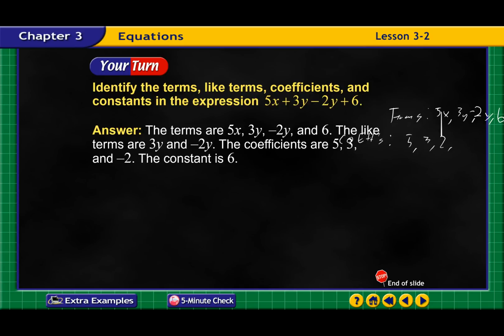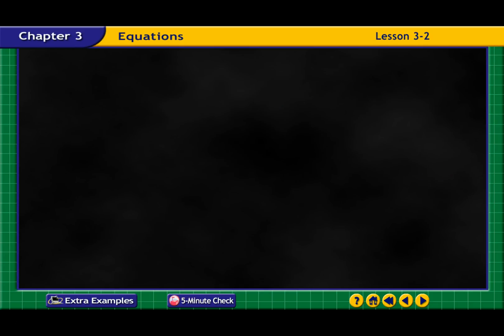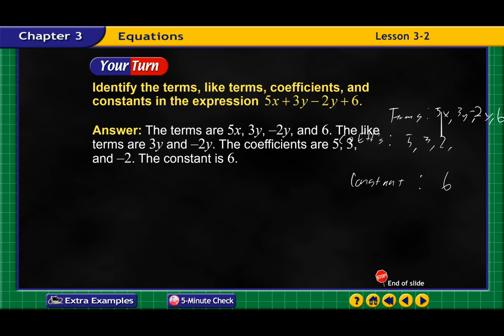Nope, the constant is 6. Oh, they wanted something else there too. Like terms. I've got x's and y's, and the y's are the only ones that are like terms. So 3y and negative 2y. Those are the only like terms that we have.